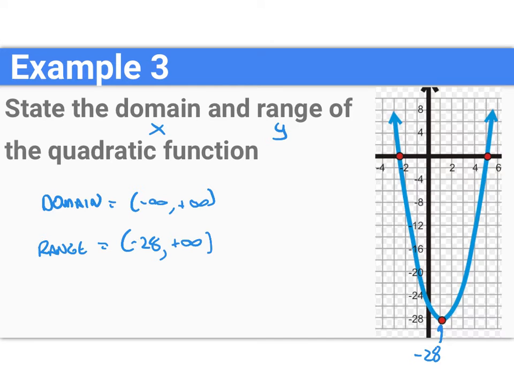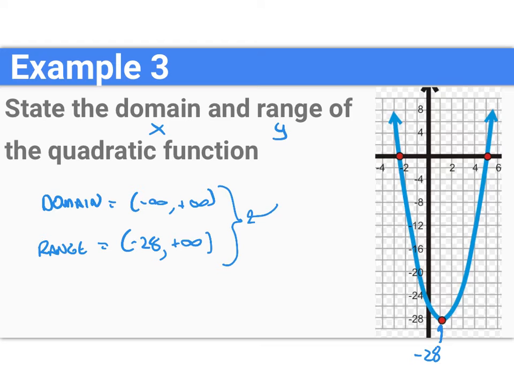And these do not represent points. They represent your lowest and highest numbers that you could put in to make a point. And I know I've been stressing, if you watch this channel, that whenever you see a parentheses and two numbers separated by a comma, that it's a point. In this case, when we're talking about domain and range, we're not talking about a point.